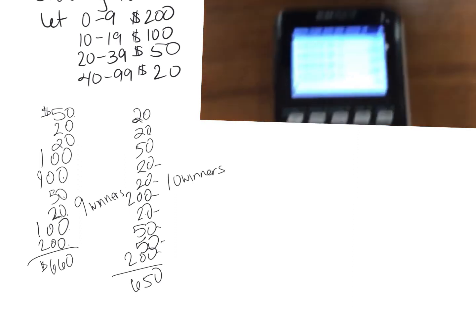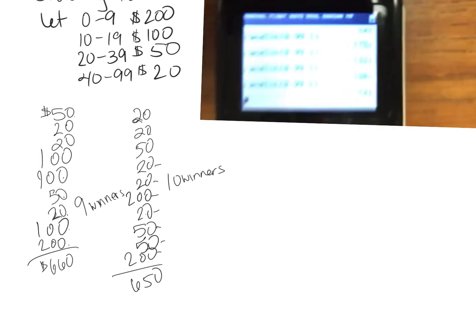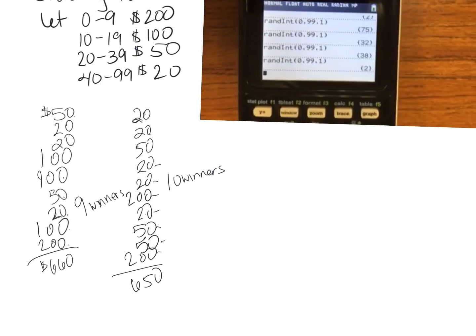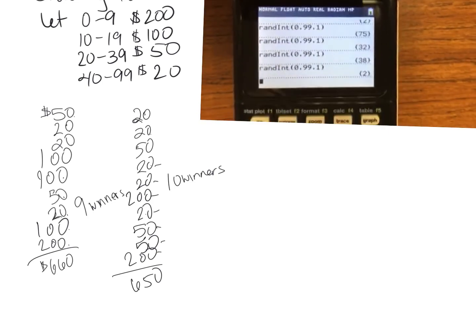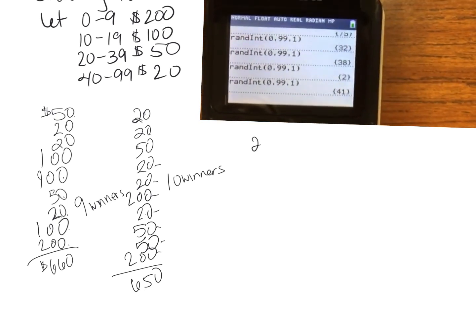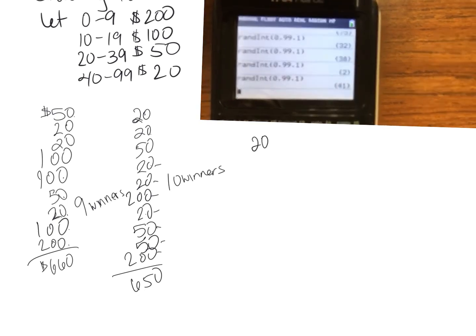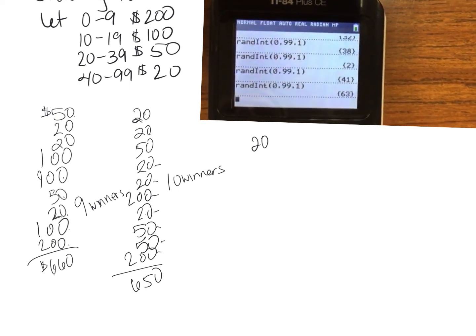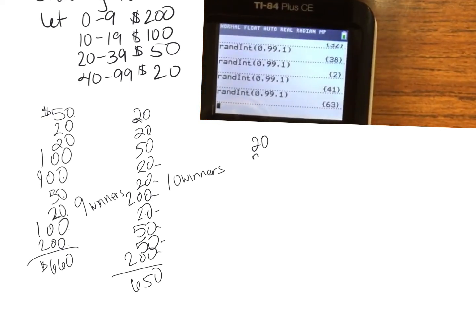And we'll do that one more time and we'll average them. This is a lot like the AP problem we looked at yesterday. The radio station, 41, $20. That's between 40 and 99. So that represents $20. 63 is between 40 and 99.